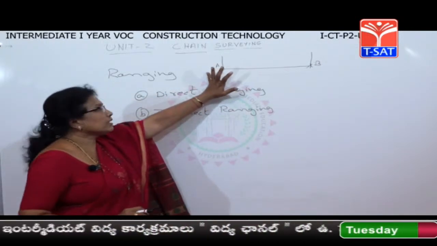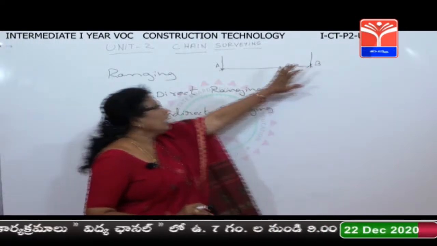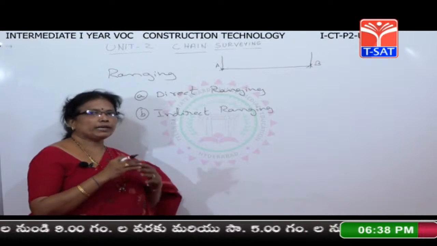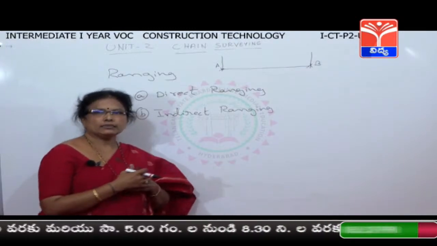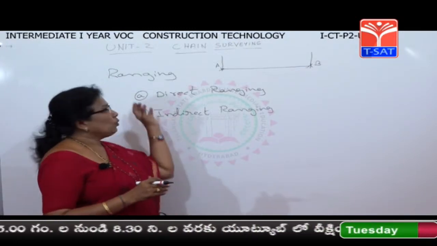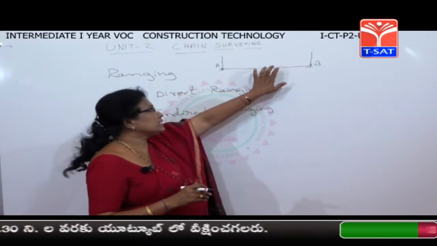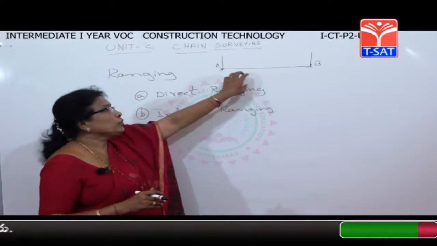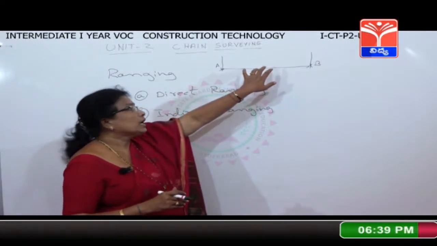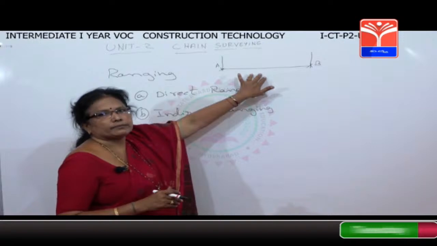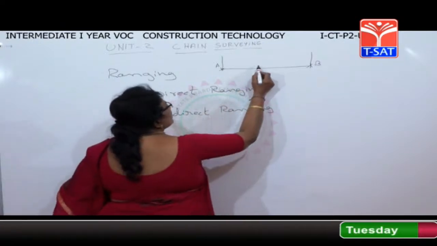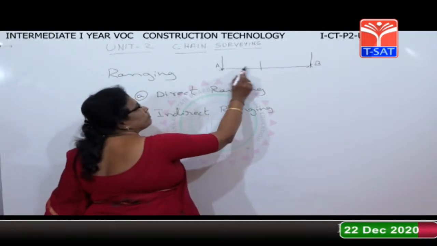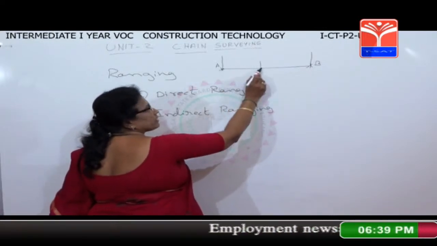If A can see B and B can see A, then it is easy to bring the line in a straight path. But when it is far, when the distance is more between these two points, then you need to take an intermediate point, so that you will bring these two in a straight line.